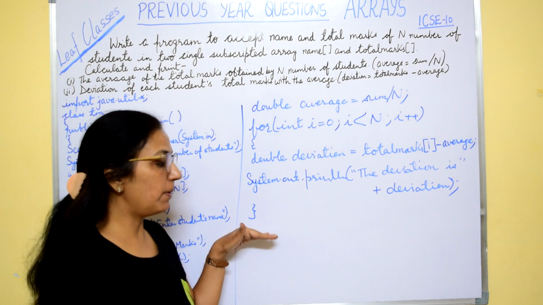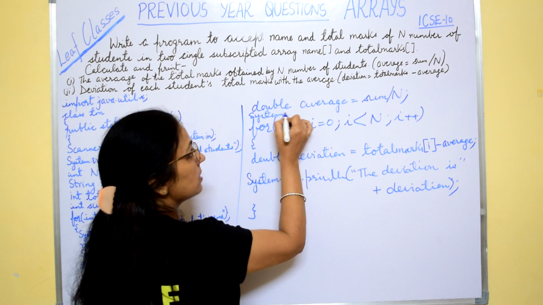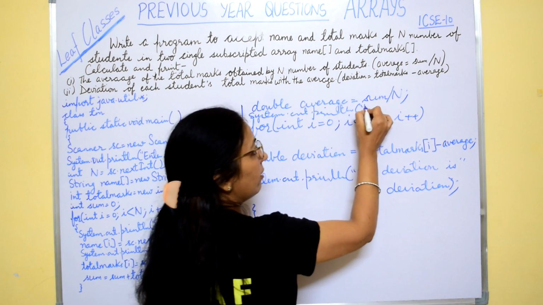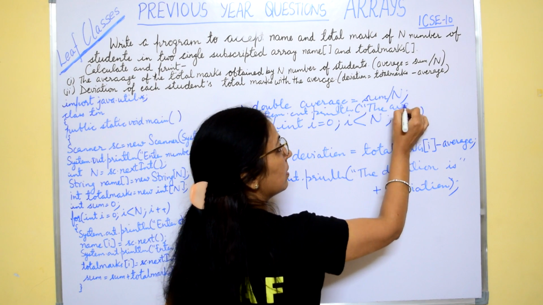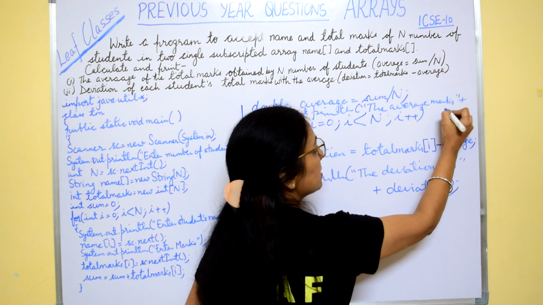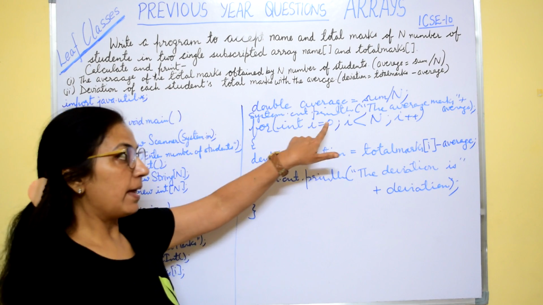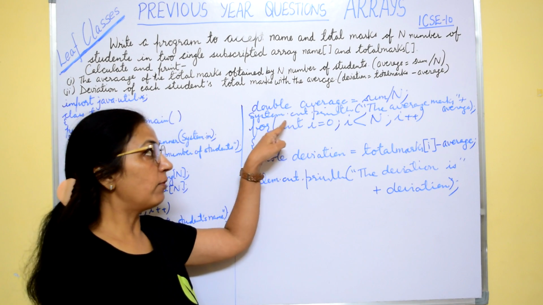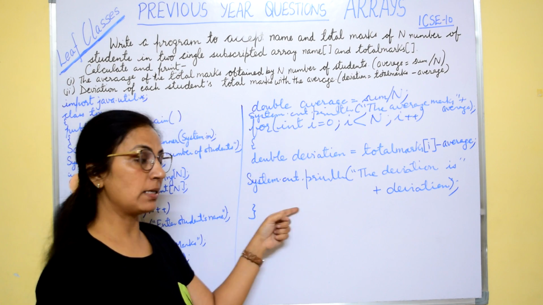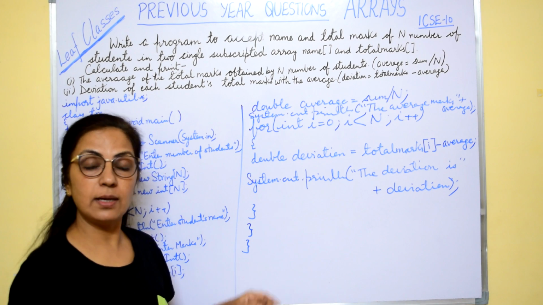So average can be printed here or here also. Even I can write the statement System.out.println, the average marks are plus average, right? So average is 1, so we have not given this within the loop, and then deviation for so many children, so it is in the loop. You close this loop, you close main, and then you close the class.